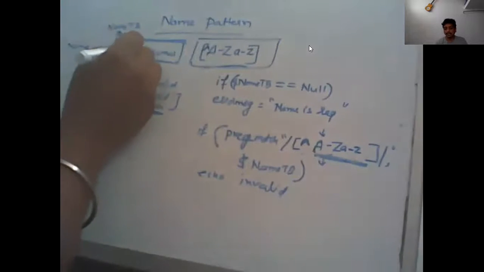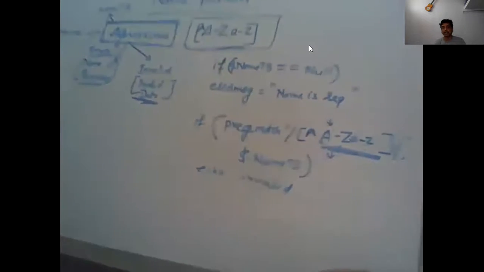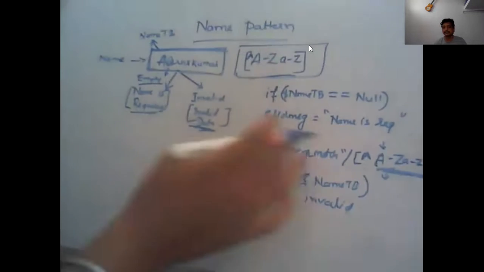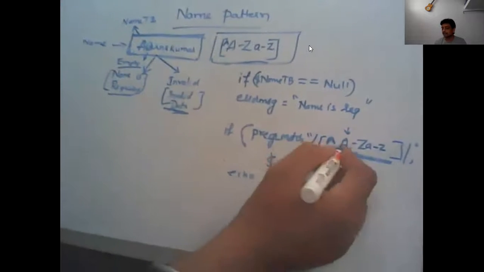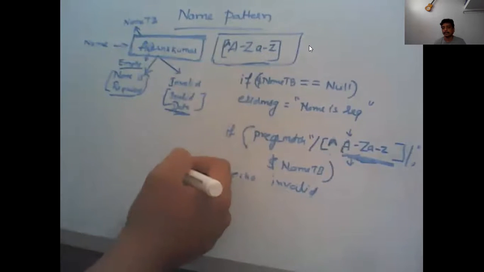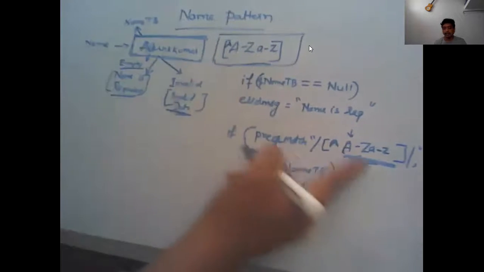If I give any special character like a star in the middle, then it will show an error because it is not mentioned in my pattern.